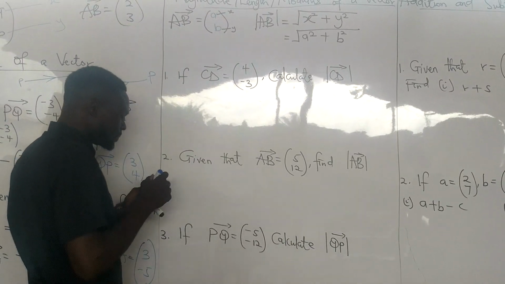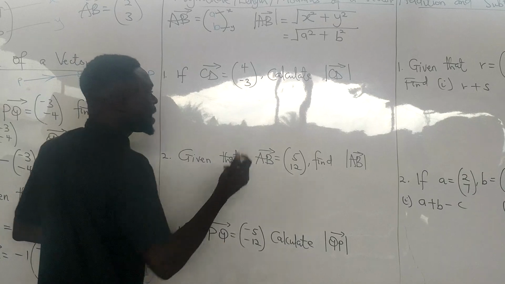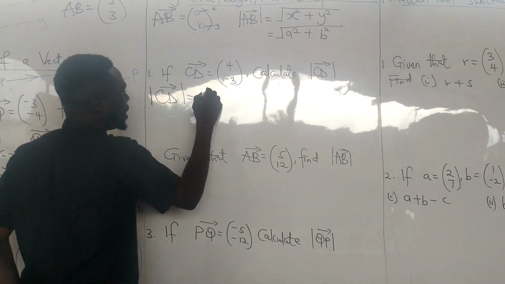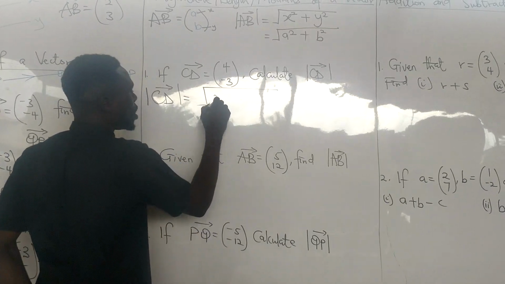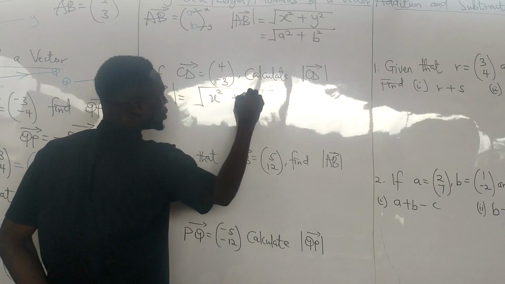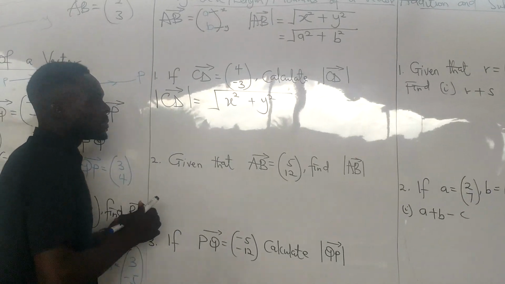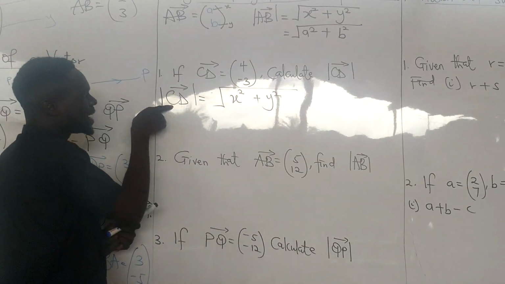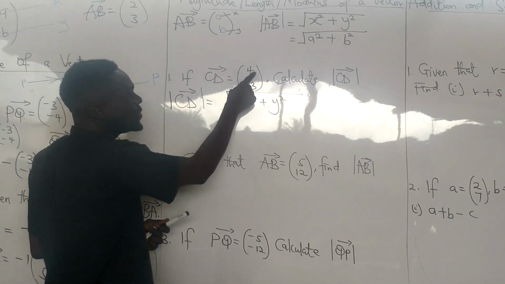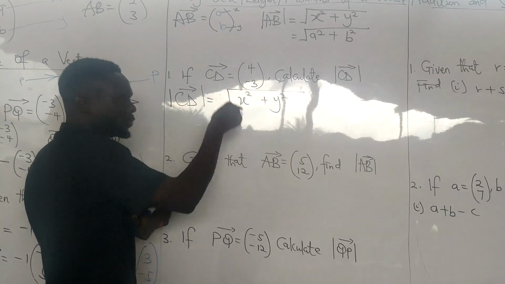I know that the magnitude of a vector is calculated as the square root of the x component squared plus the y component squared. This is vector CD, and it has the components 4, -3.